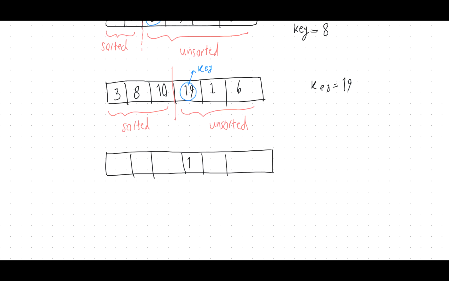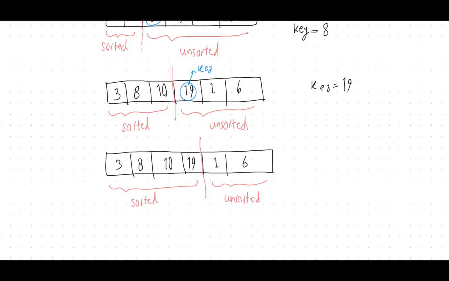So in this case, there is no moving around because 19, the key, is already greater than every other element in the sorted segment. Okay, so now we see that the sorted segment has size 4. Now the unsorted part is getting smaller and smaller, and at the end, it will be empty. So still we have 1 and 6.